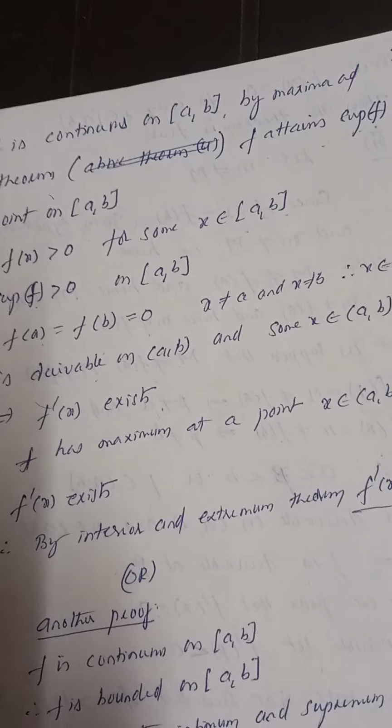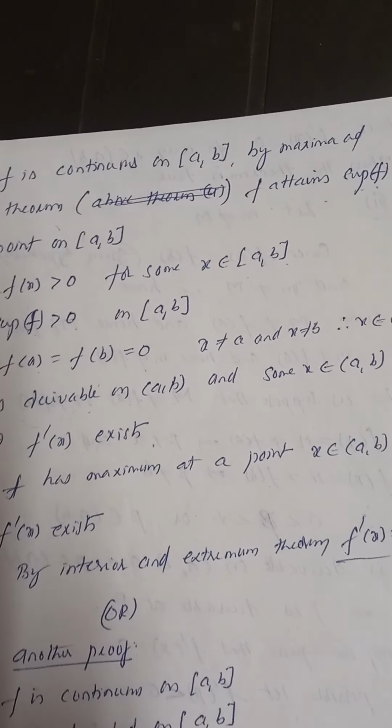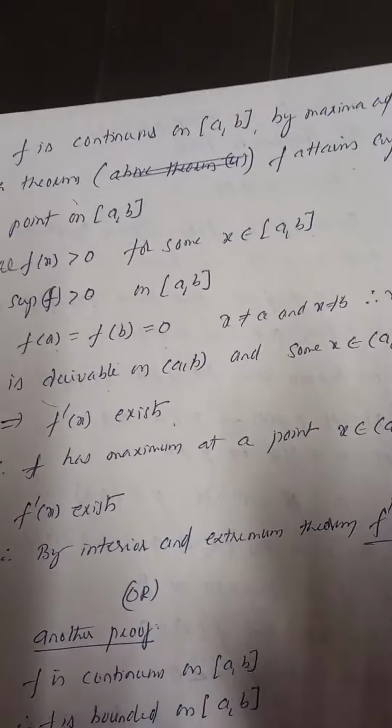Now we know that suppose f dash of a is equal to limit x tends to a, f of x minus f of a by x minus a, exists and is finite, then f is said to be differentiable at x is equal to a. Here it is already given that f is differentiable in open interval a comma b, which means f dash of x exists.